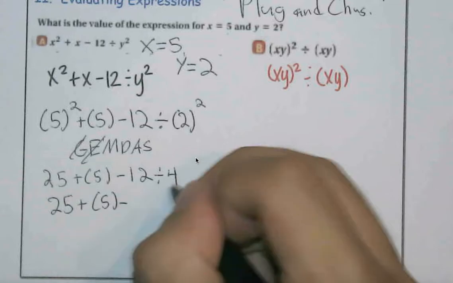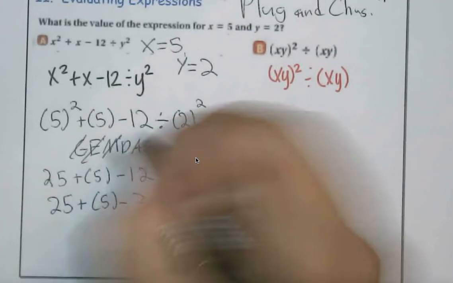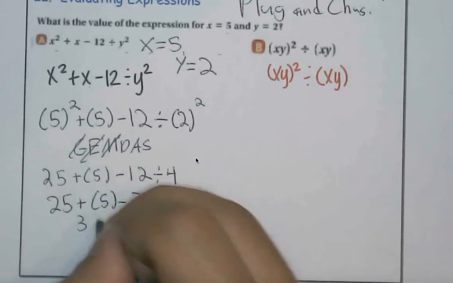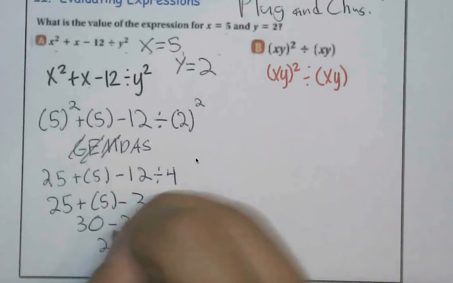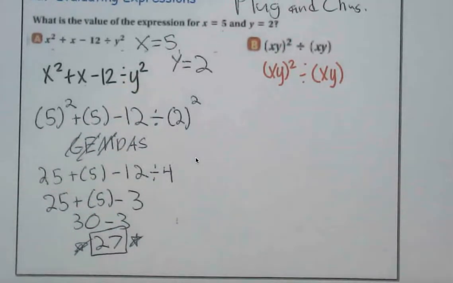So 12 divided by 4 gets us 3. If we take this from left to right, since we're now at the last 2 steps, 25 plus 5 is 30. 30 minus 3 is 27. And we're good.